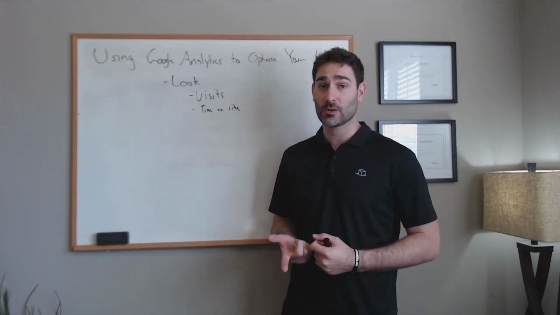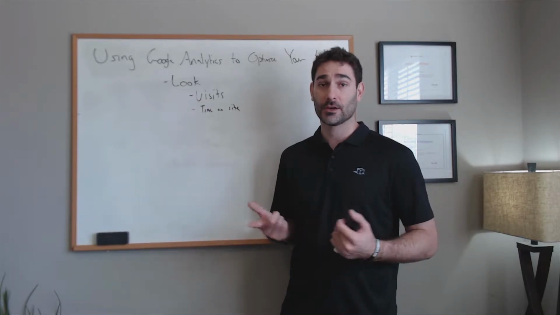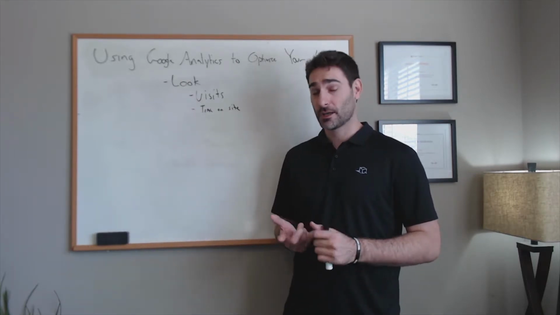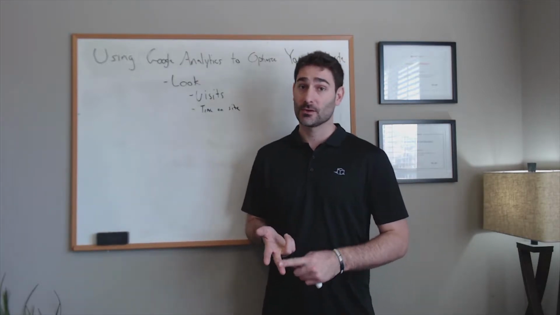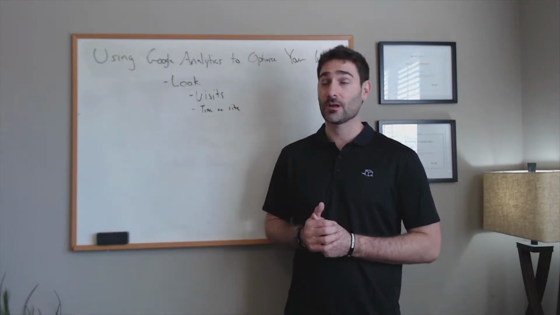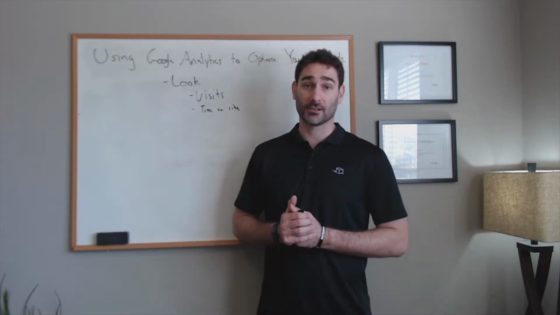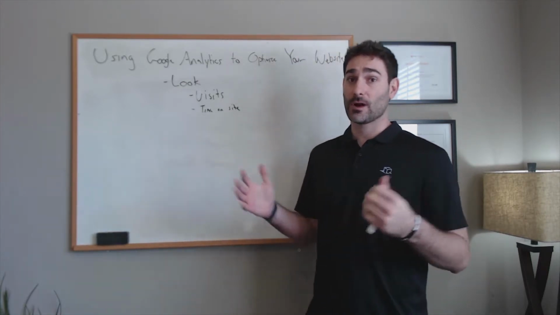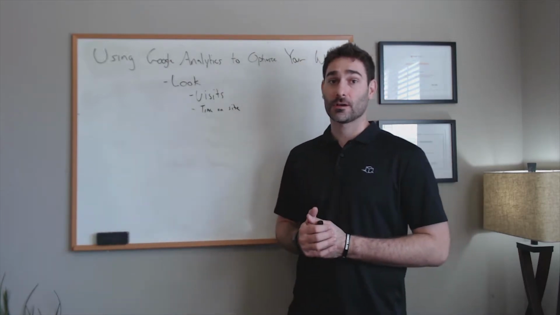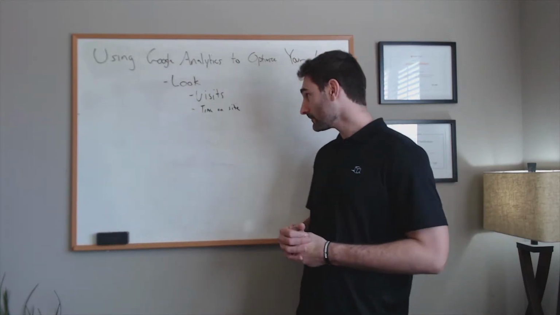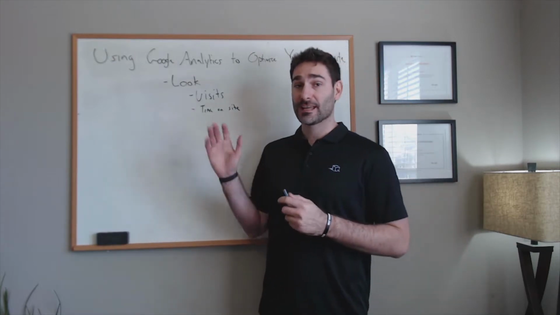It might be too slow and people are just leaving because they're not going to wait for your website to load. It could be that they're on a mobile device and your website is not optimized for mobile, so they're going to leave for that reason as well. So this is a great stat to look at to see maybe why people are leaving your website, or what articles are keeping them on your website. And it's a super good stat to look at.